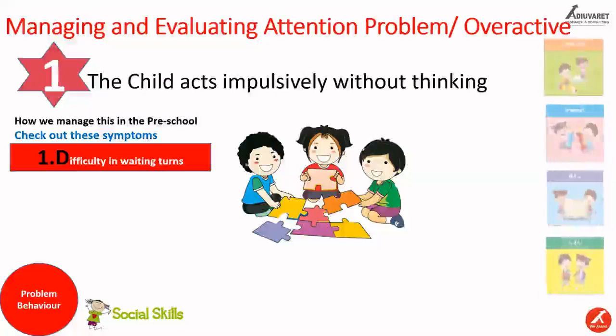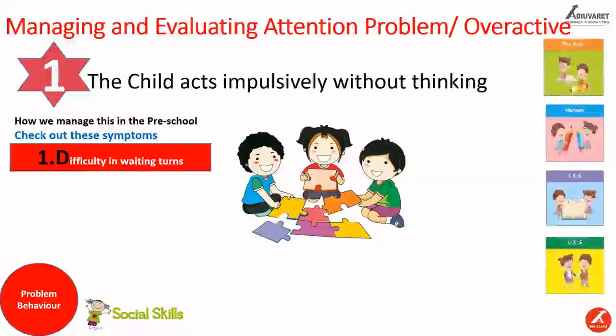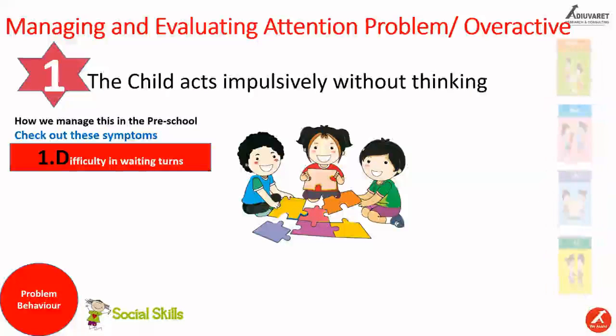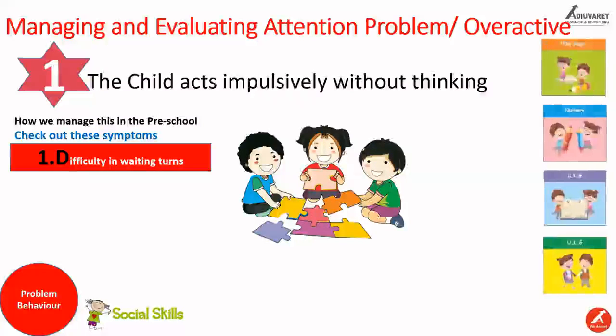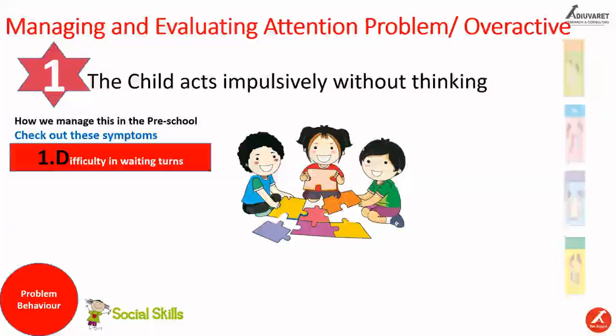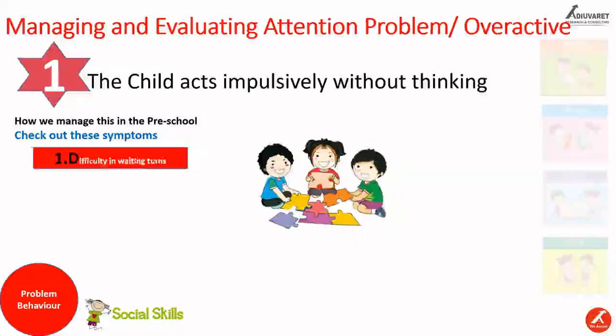But if we are not aware enough to notice such behavior and ignore those things, then it becomes a bigger problem, and changing at a later age will be a bit difficult. So the first D, remember, is difficulty in waiting turns. If present, we have to take care.